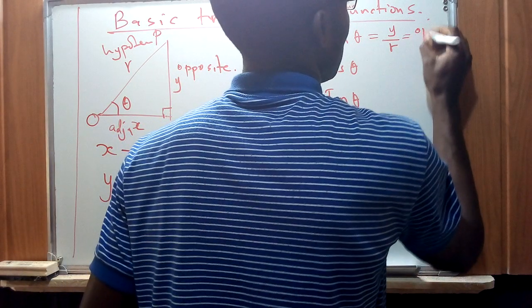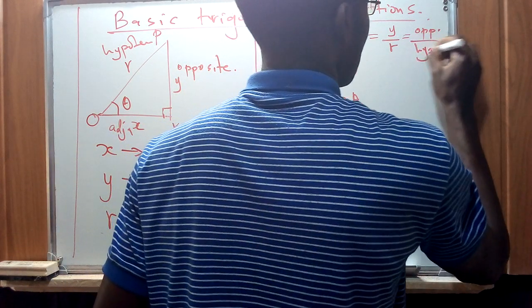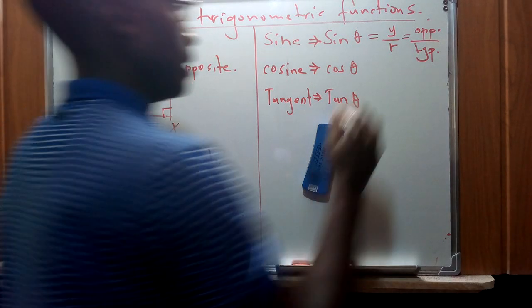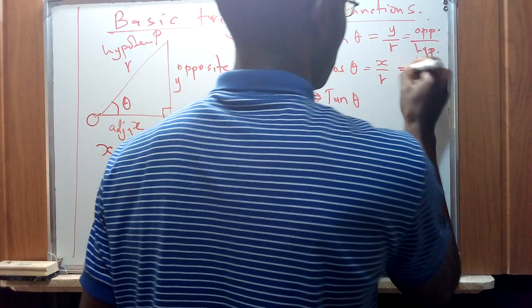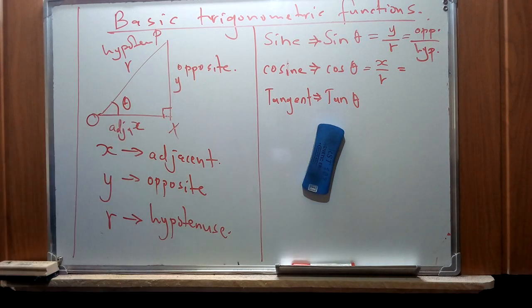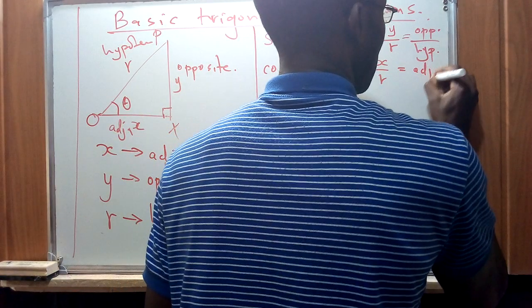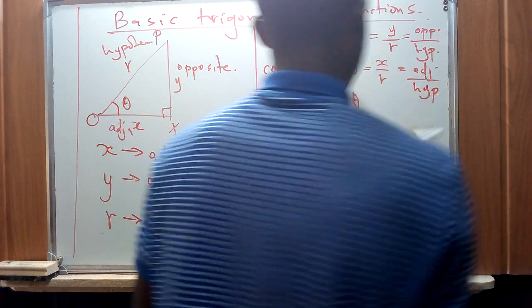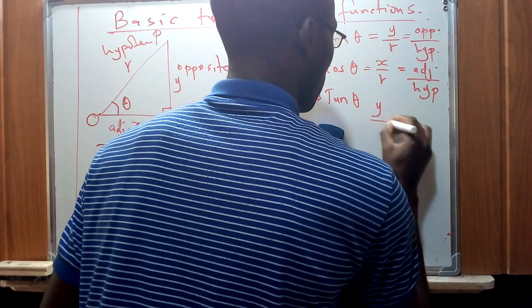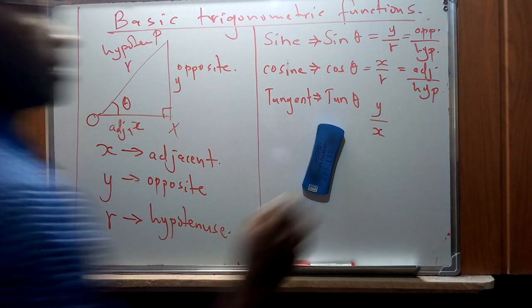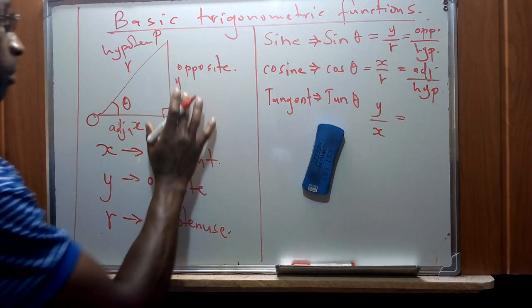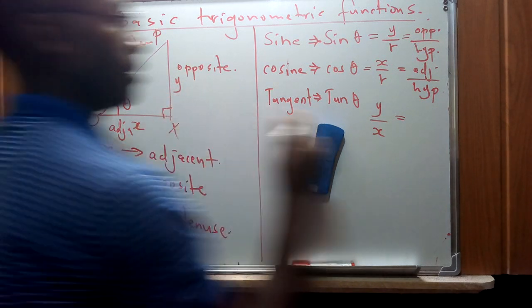Cosine is given as x over r, which is basically adjacent over the hypotenuse. And the tan of theta is given as y over x, which is basically opposite over the adjacent.